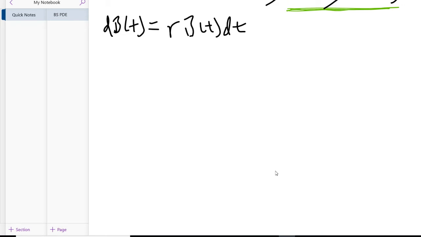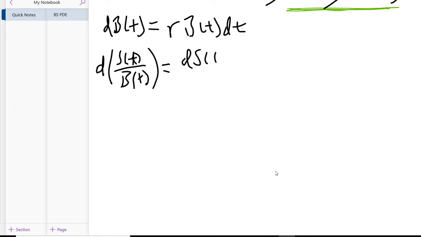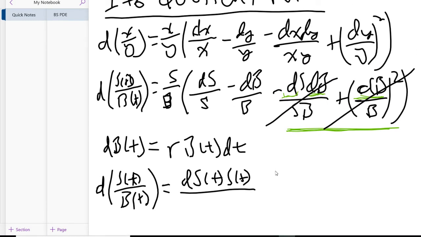So what you would have here is the differential of St over bt is equal to d St over bt, and I'm also bringing the St in.